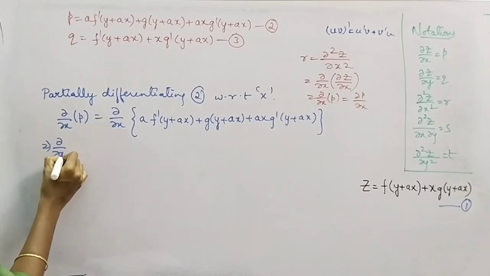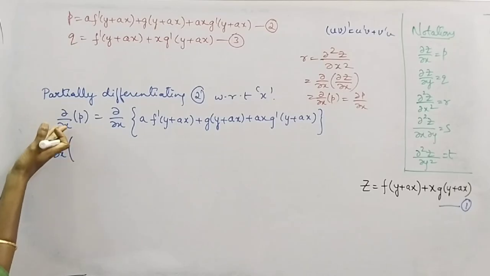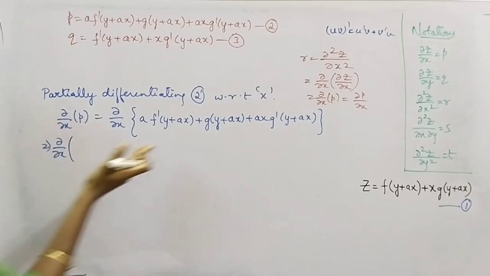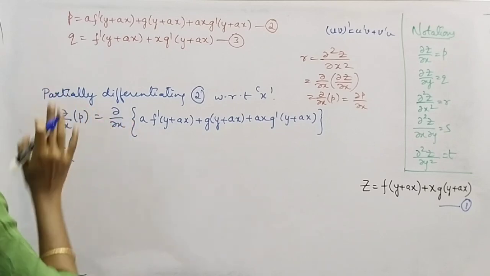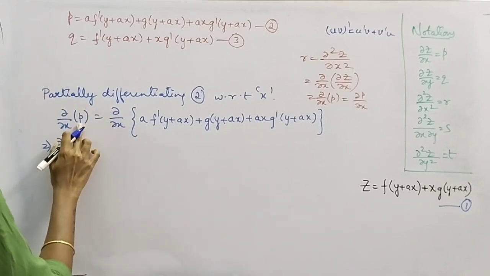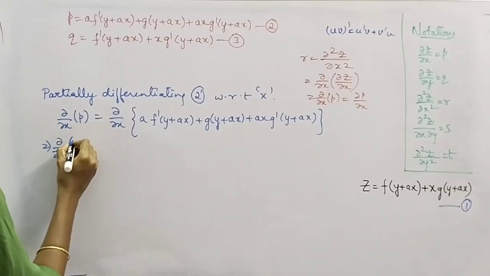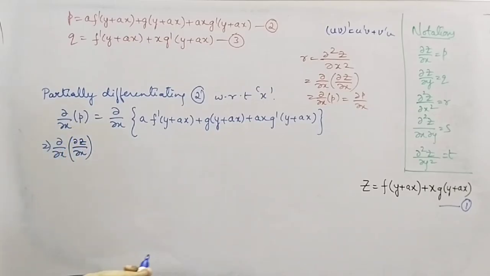Here you can just write r, since the partial derivative of p with respect to x gives r, but I'll write it later. I'm having too many steps to write, so I'll write this p as dou z by dou x, since p is nothing but dou z by dou x, right?